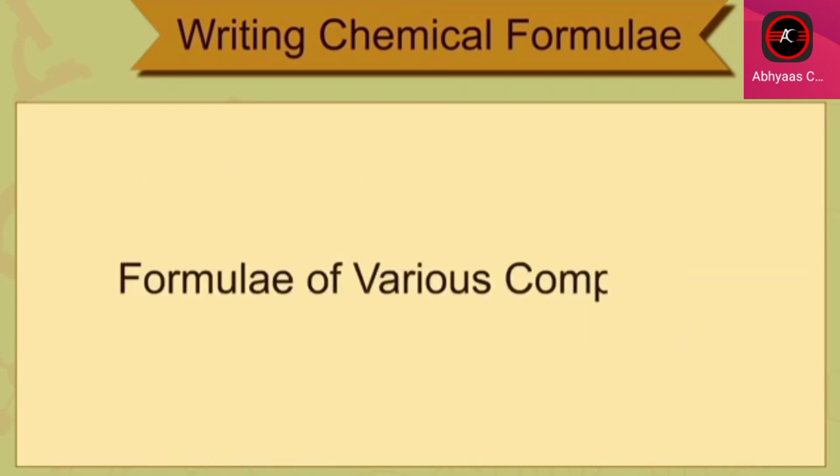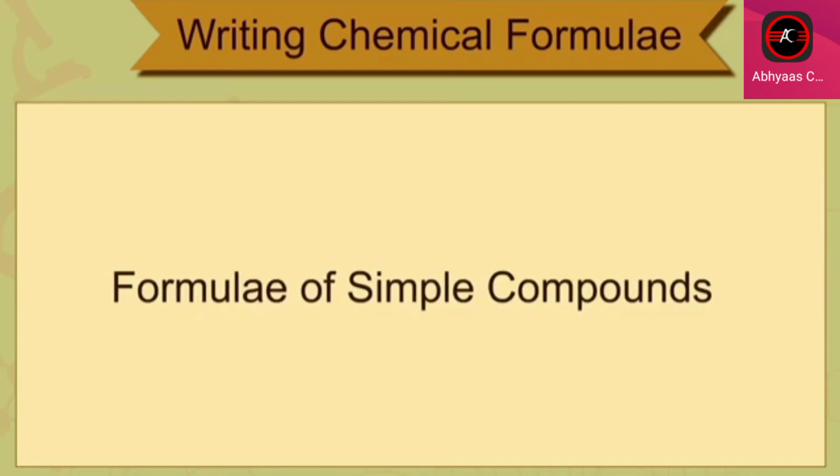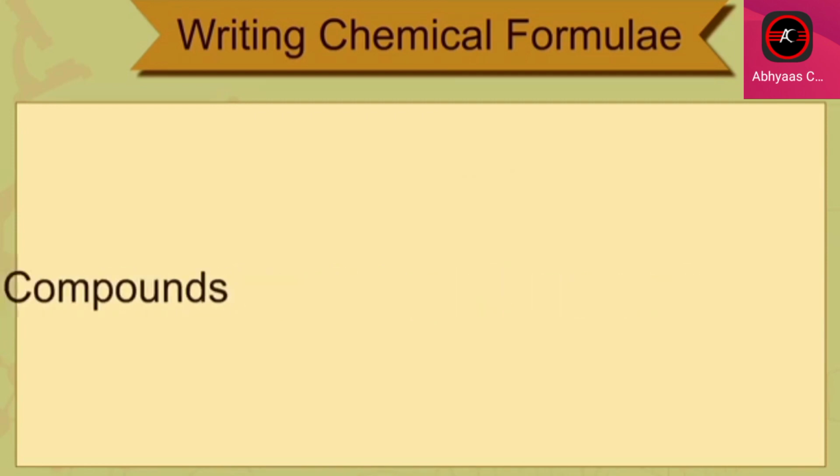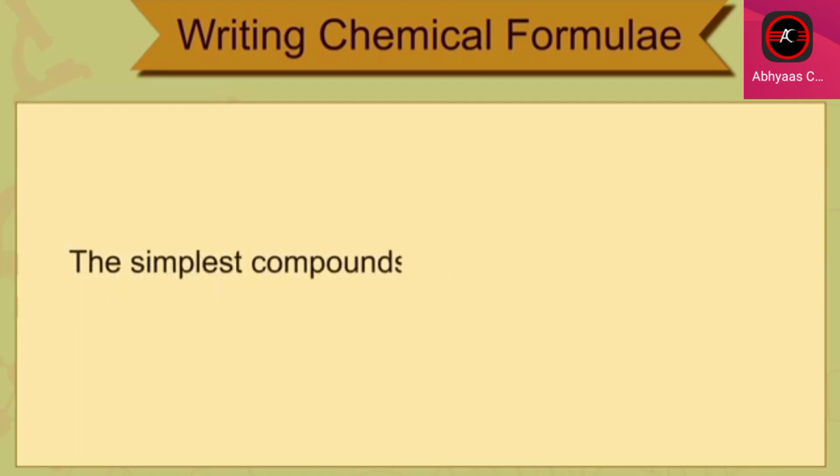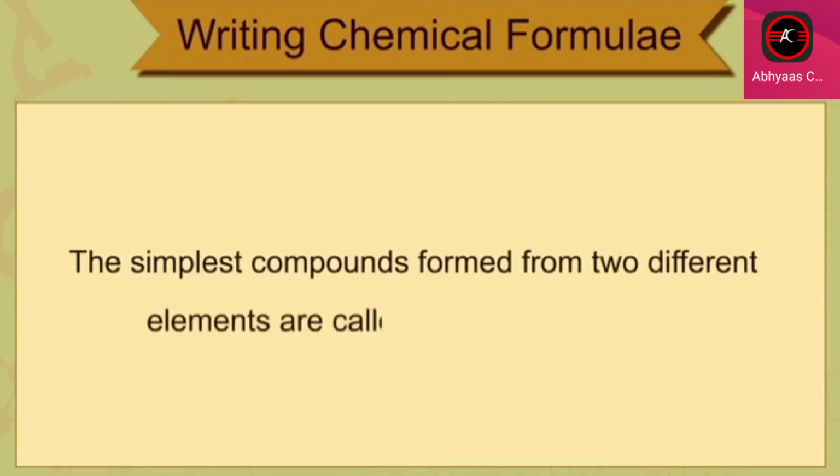Let us now practice writing the formulae of various compounds. First, we will see some examples of writing the formulae of simple compounds. The simplest compounds formed from two different elements are called binary compounds.